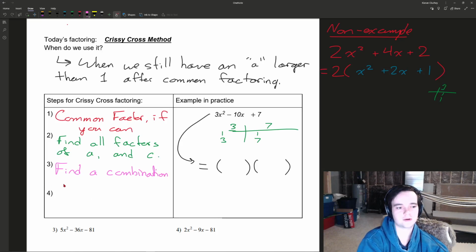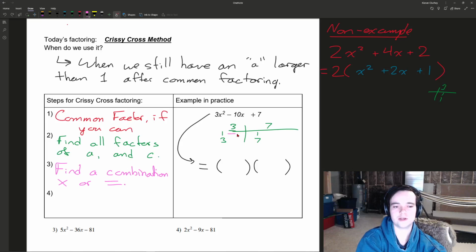And this is why they call it the criss-cross method: either find a combination in an X or straight across. What I mean by that is either you multiply 1 by 7 and 3 by 1, or you multiply 1 by 1 and 3 by 7. It depends on what you need.